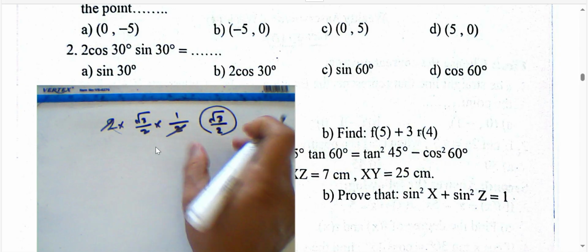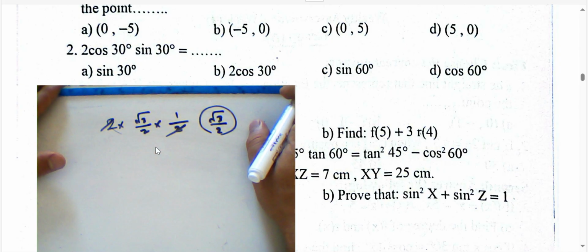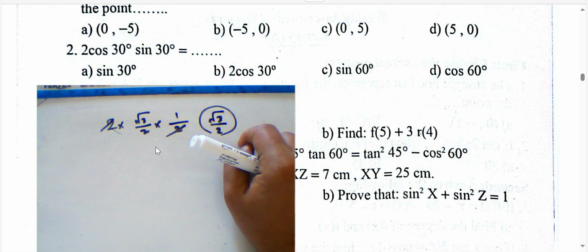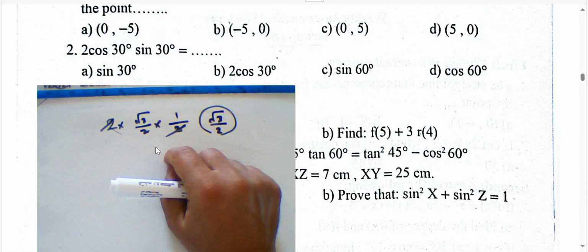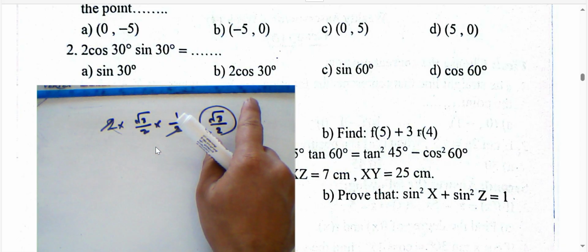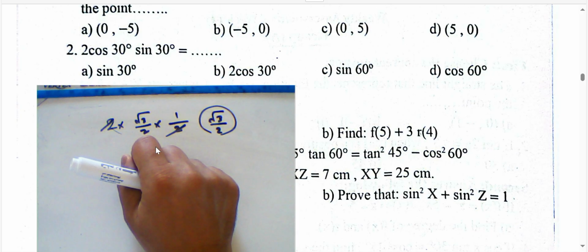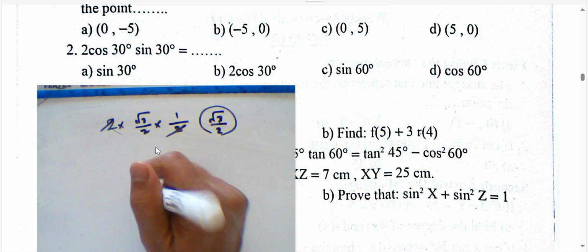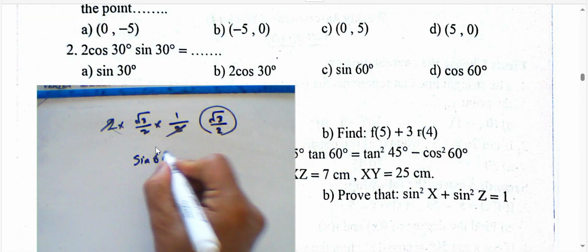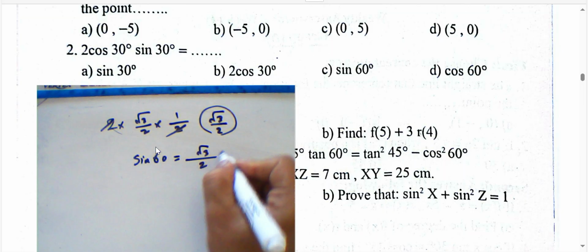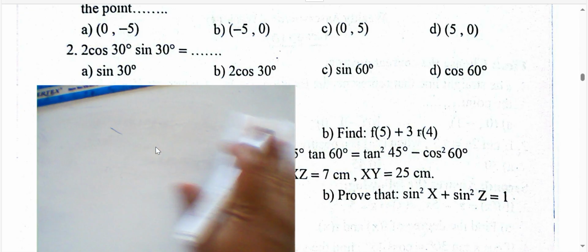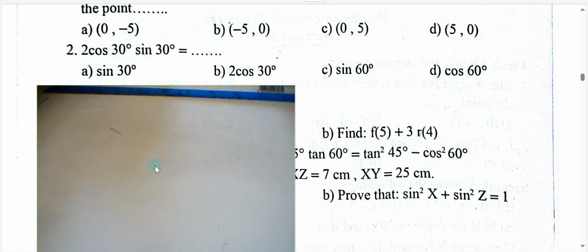He wants which number is equivalent in letter A or letter B or letter C. We know sine 60 equal root 3 over 2. Then we must choose letter C. It's equivalent. Next question.